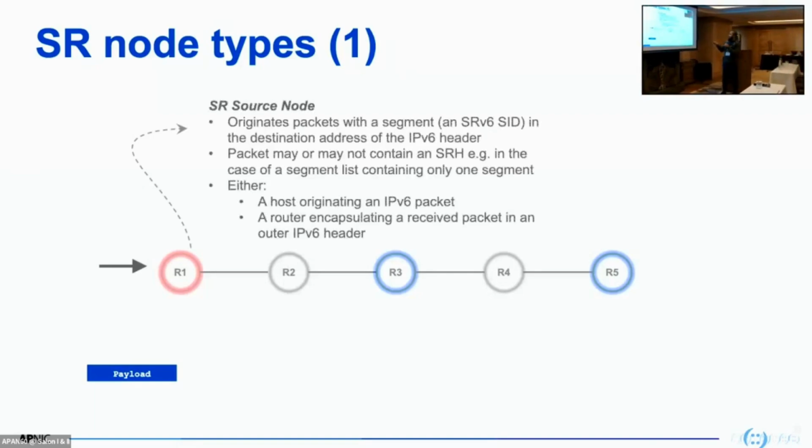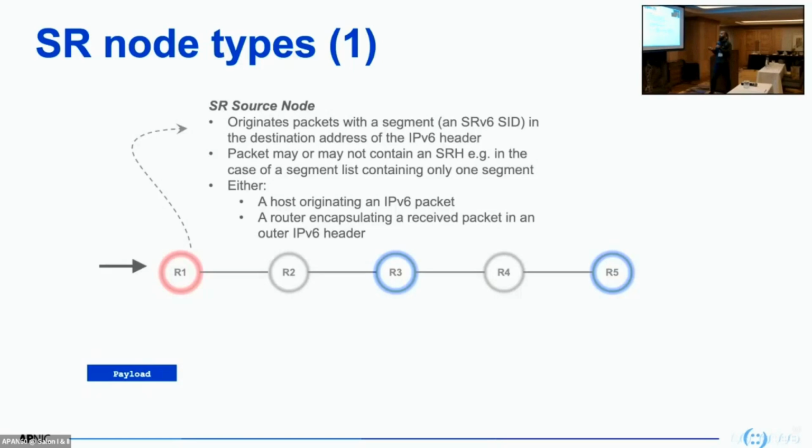R1, so this whole part is my SR domain. The whole part means all of them understand segment routing, and this is the PE, or the provider edge. Its job is to add or push the labels. Here we'll not talk about labels, we'll talk about the segments that it's going to push. So this is the SR source node.